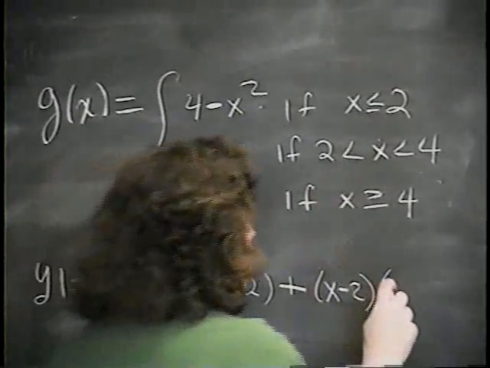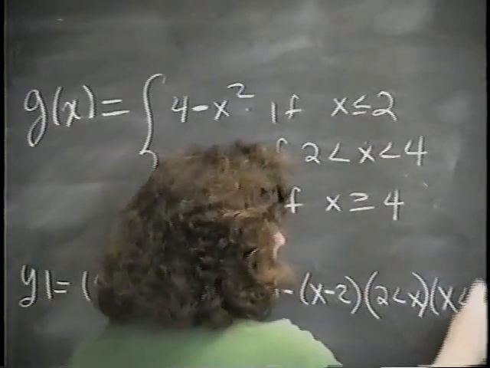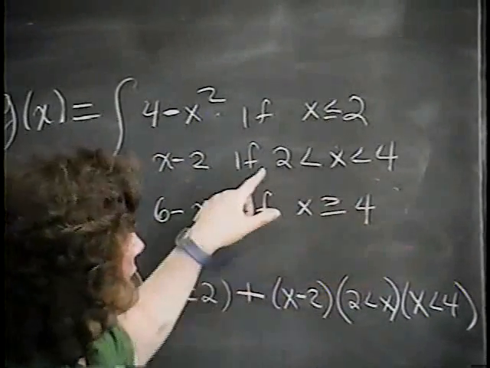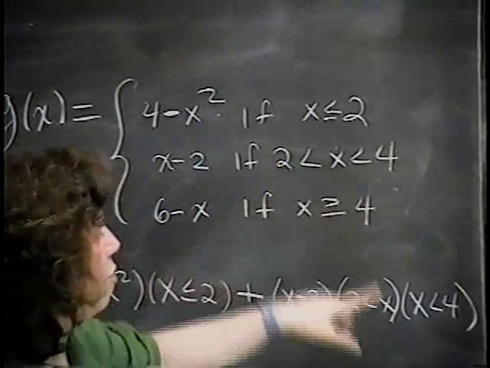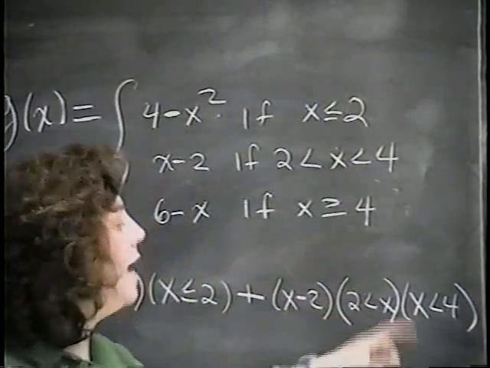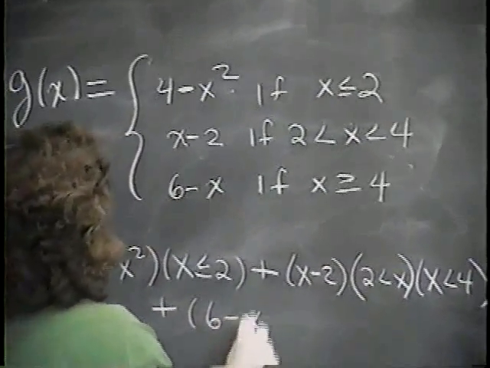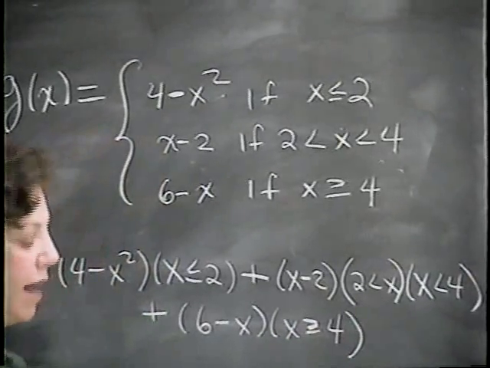Instead, make this 2 less than x, x less than 4. Don't try to do it in one. Even though you could force your calculator to write it, it won't understand it. Make it 2 less than x, or x greater than 2, and x less than 4, plus 6 minus x, x greater than or equal to 4. This is how it has to be entered in.